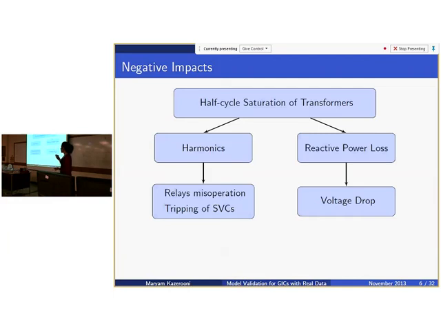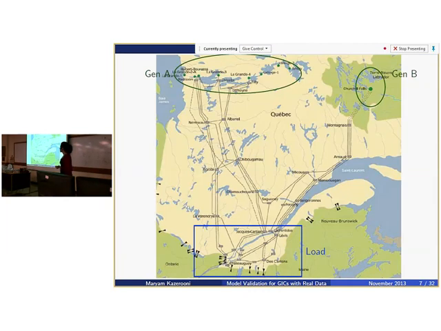So when we have a lot of harmonics, these relays may unintendedly trip the SVCs. So the SVCs are disconnected, and the network will lose reactive power support. This will bring the voltage further down, and these two together can cause voltage instability and, in the worst case, system collapse. This is exactly what happened in the 1989 Quebec blackout.